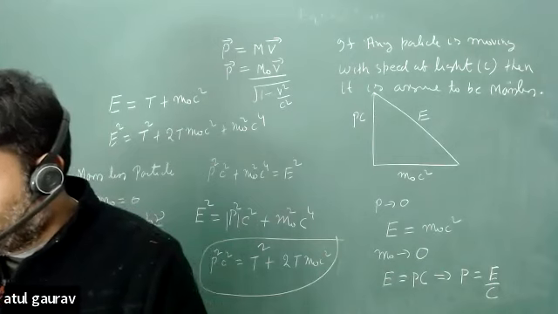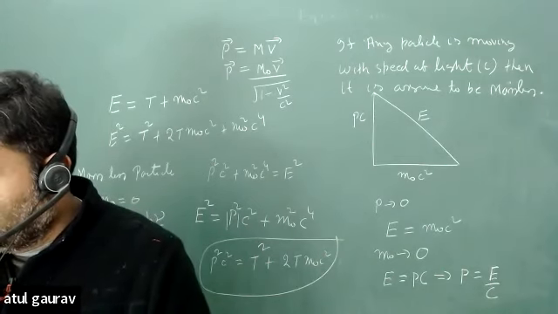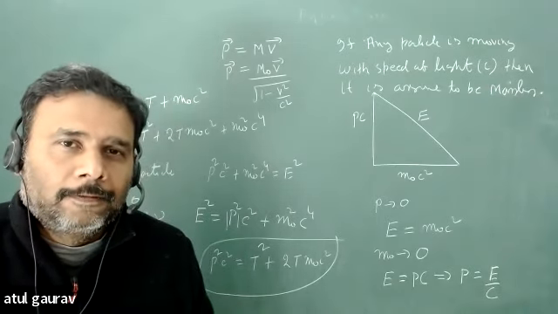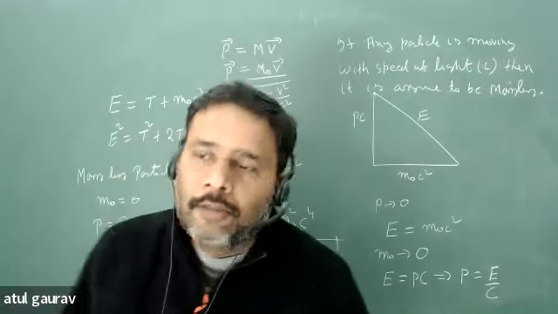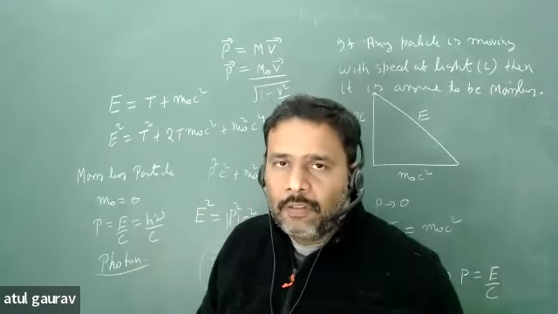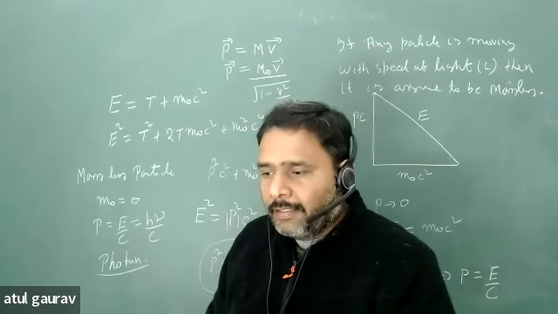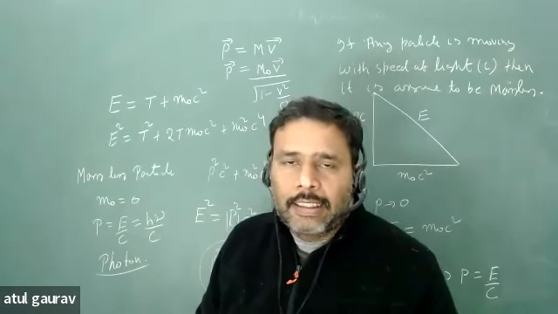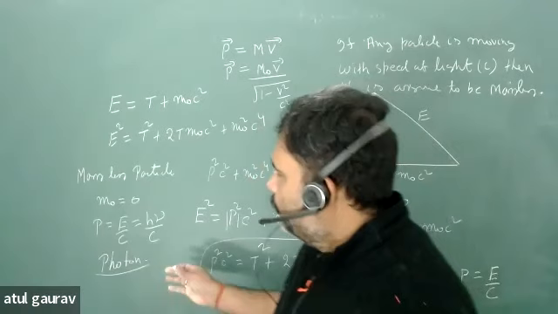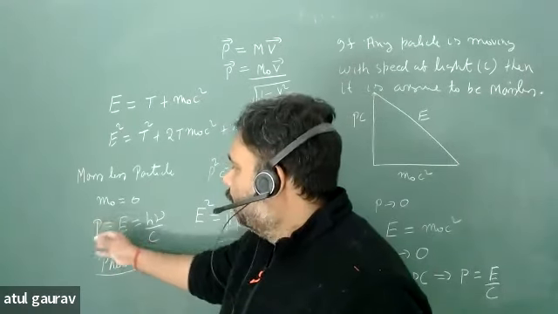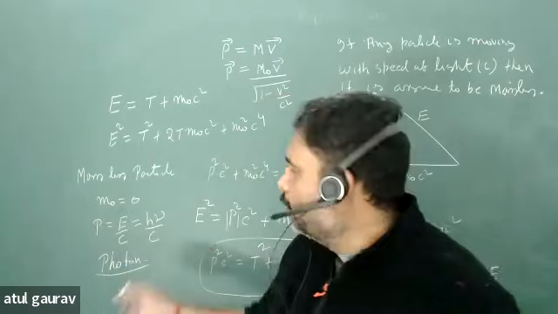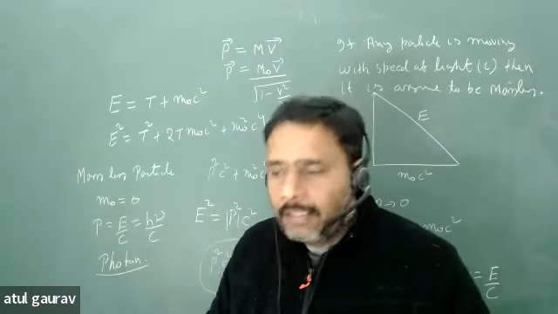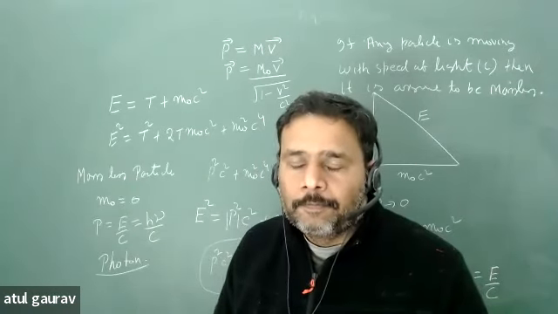Sir, if mass is 0, then the equation momentum equals mass into velocity is not valid. That equation is not valid. That equation is only valid for a particle which has some rest mass. Here you are biased by m into v regarding momentum, but actually, when it is a massless particle, momentum is gained due to this particular energy, and that energy is not a function of mass, it is a function of frequency.